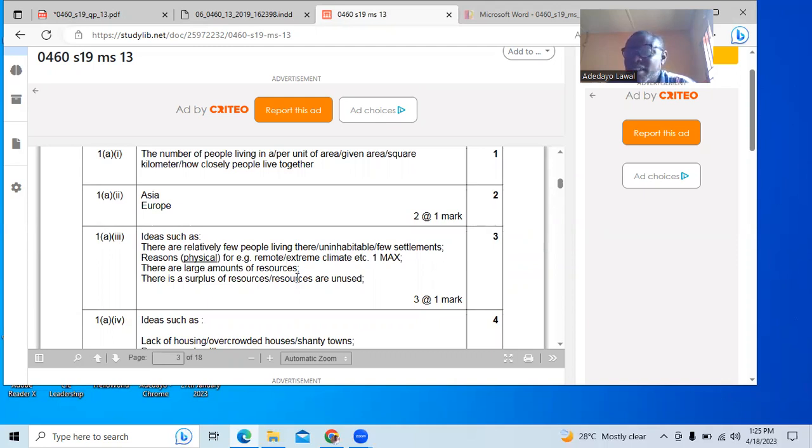So I want you to let it register in your head that when you talk about underpopulation or overpopulation, they want you to make references to resources. So in your description or explanation, make references to resources. Any 3 you give here, you are fine. Okay, so let's just run.